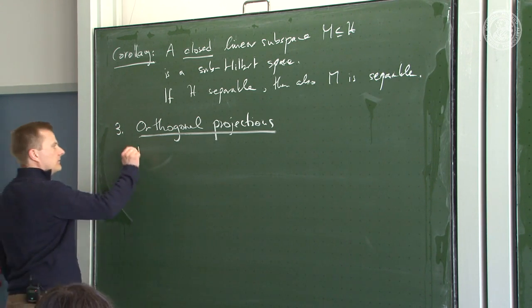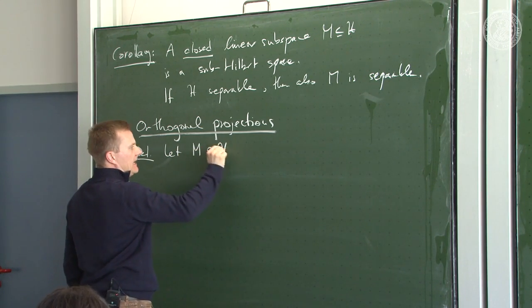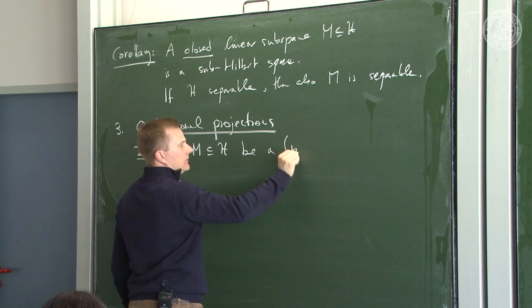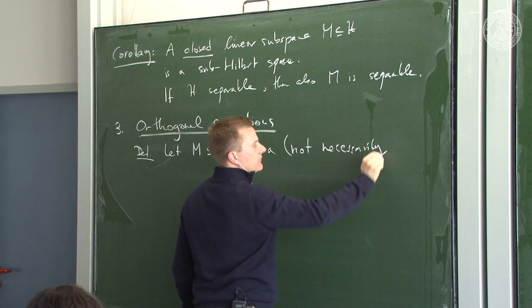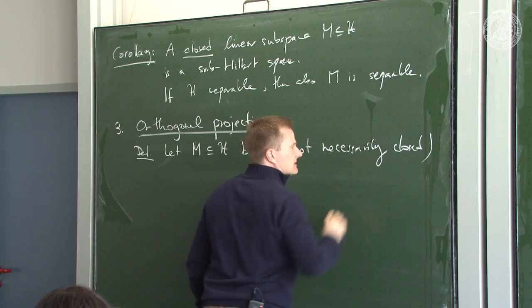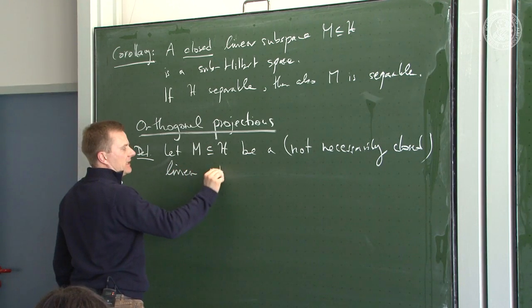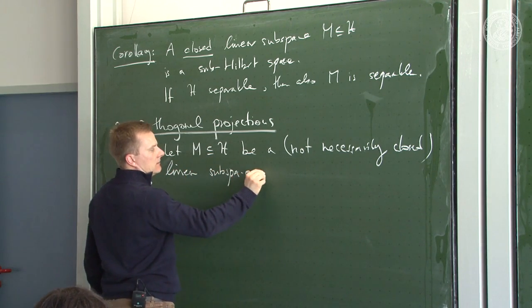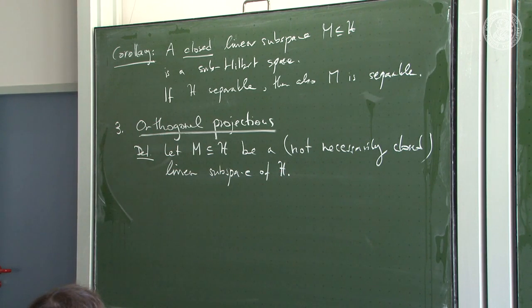So now we extend this whole thing to the following construction. Definition: let M in H be a, in brackets, not necessarily closed, so we will not assume this from the beginning, however linear subspace of H. Okay? So it's a linear subspace, but it may not be a sub-Hilbert space.